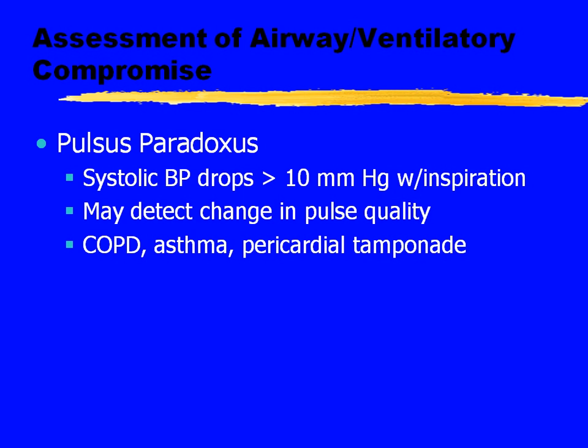So that's all it is. The other way you can tell is you hold their pulse, tell them to take a few deep breaths and hold it, and you'll feel that pulse get real weak and drop down, and it'll come back up as soon as they start breathing again. So that's really what it is.